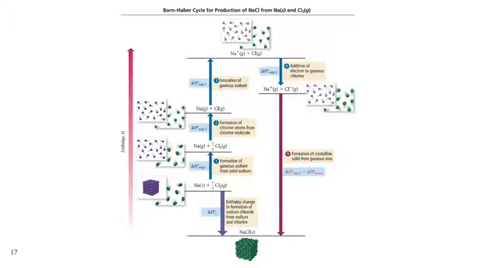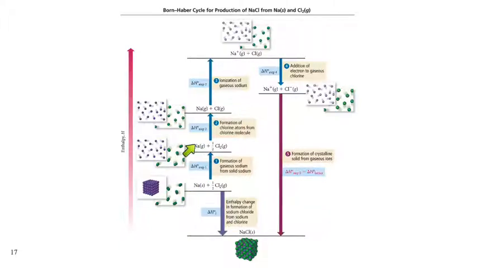So instead of looking at ionization energy and electron affinity, we're going to look at a series of reactions where we know what the enthalpy change is. We're going to imagine we take this sodium and put it into the gas state. People have studied that.